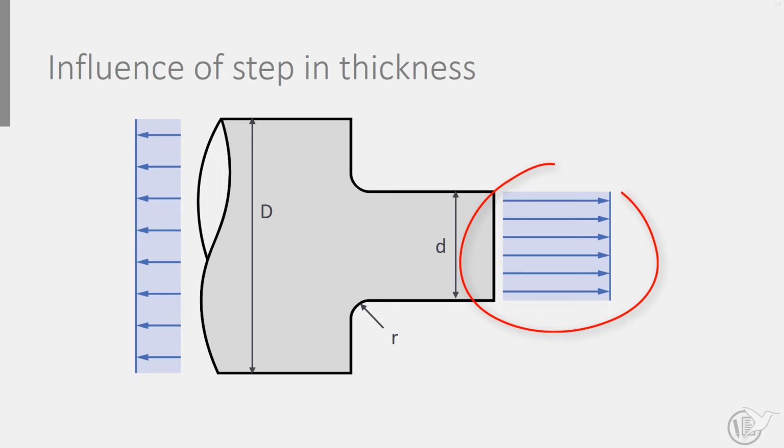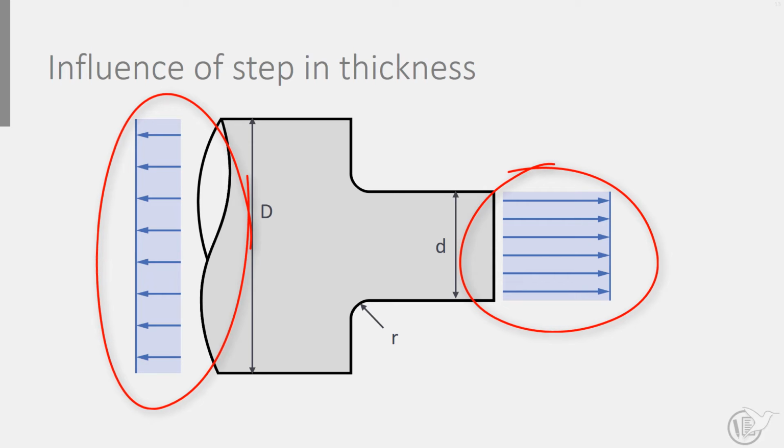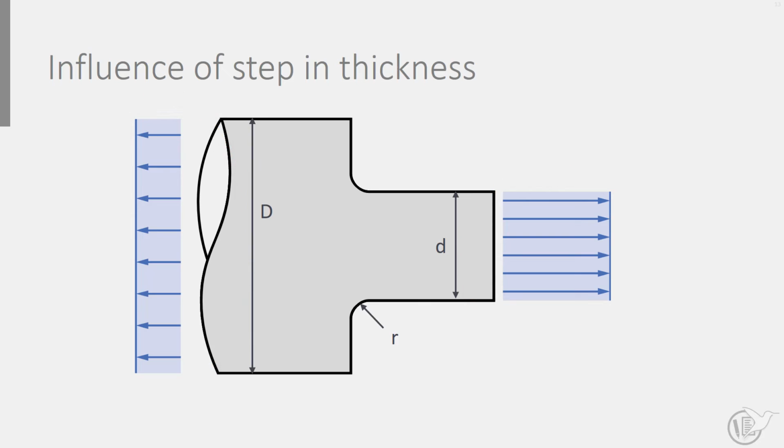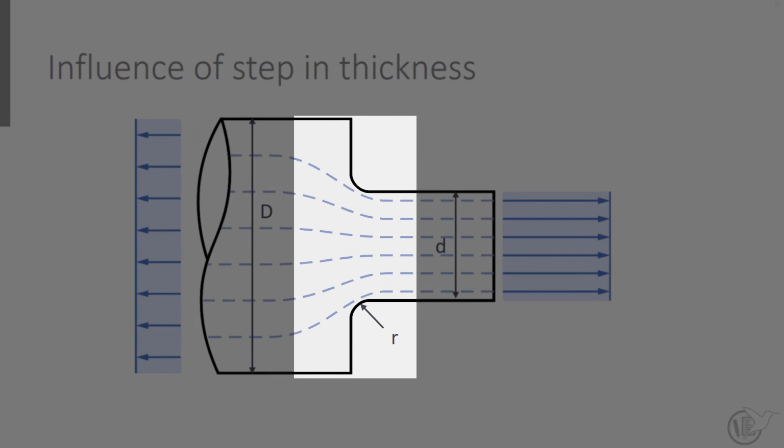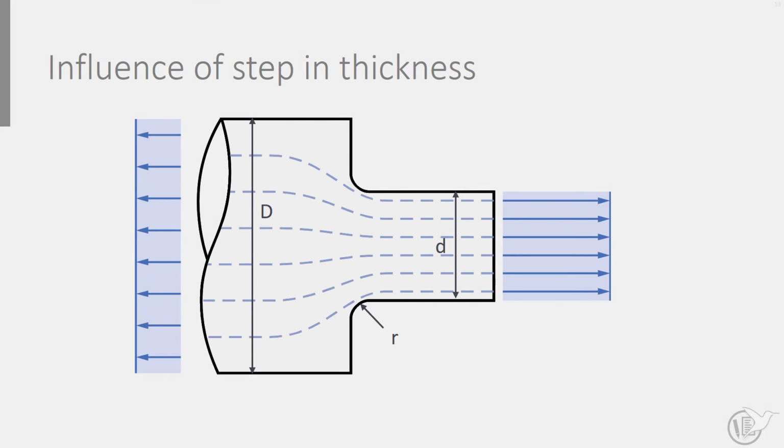Away from any transition in diameter, the stress is homogeneously distributed in the train axle. Near the transition, however, the stress redistributes from one homogeneous stress distribution to the other. It tends to follow a trajectory that concentrates stress right at the fillet radius. The smaller that radius, the more severe the stress concentration.